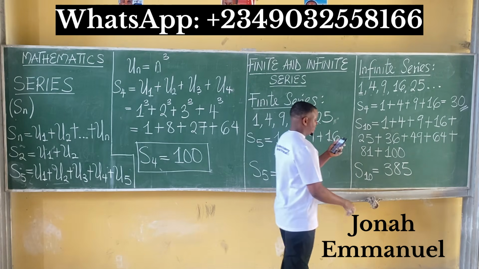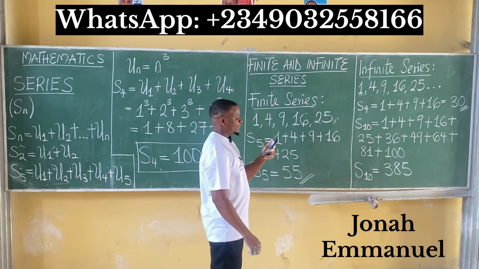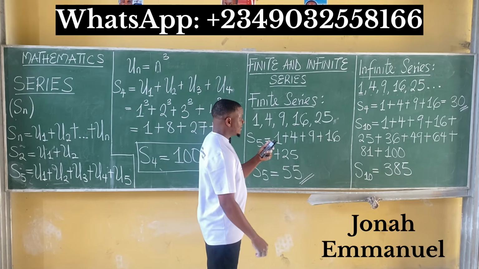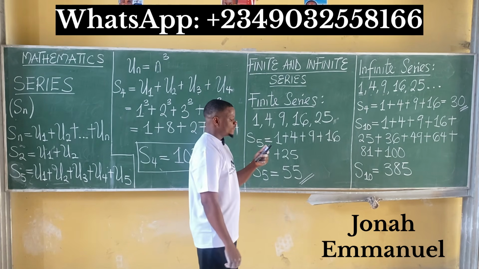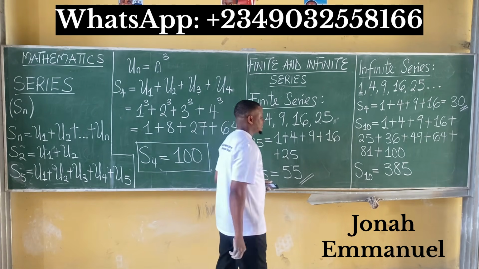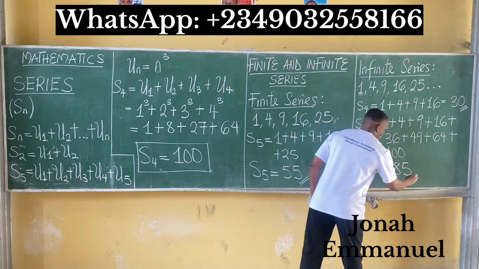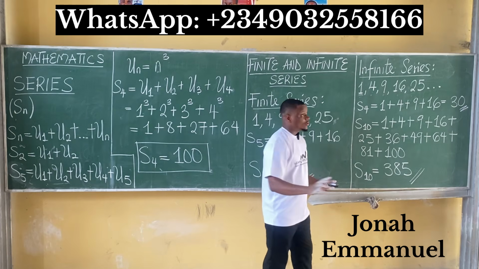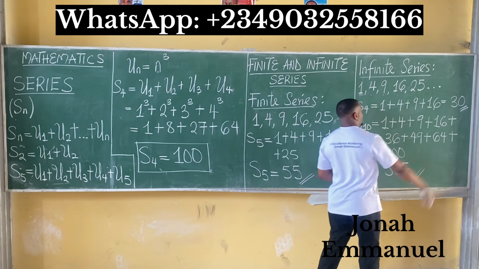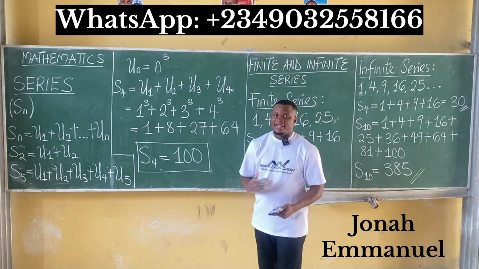From my calculator, I'm having 1 plus 4 plus 9 plus 16 plus 25 plus 36 plus 49 plus 64 plus 81 plus 100, and you have your answer as 385. That means the sum of the first 10 terms of this infinite sequence will give you 385.